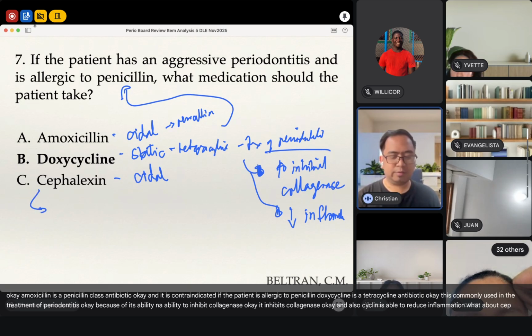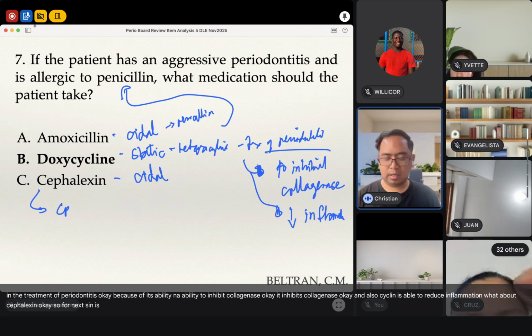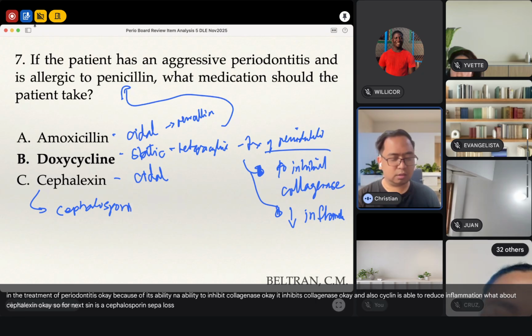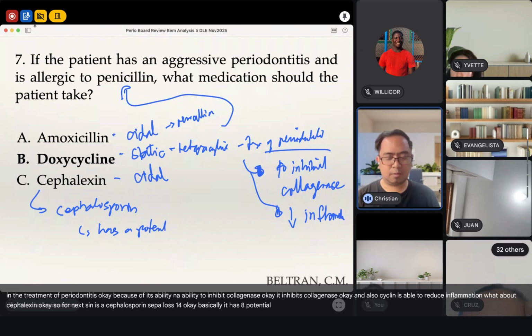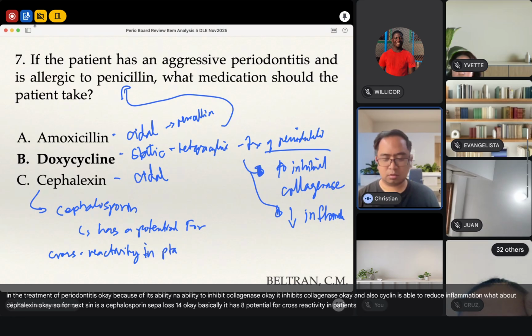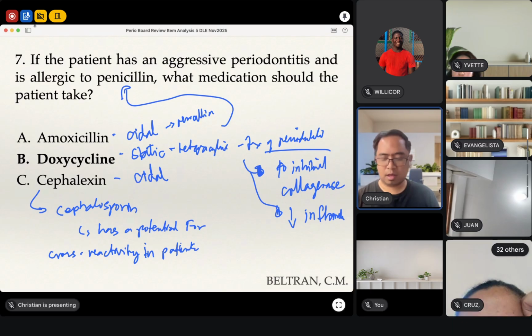What about cephalexin? Cephalexin is a cephalosporin. Basically, it has a potential for cross reactivity in patients who are allergic to penicillin.